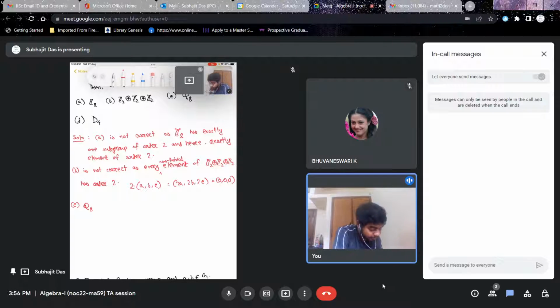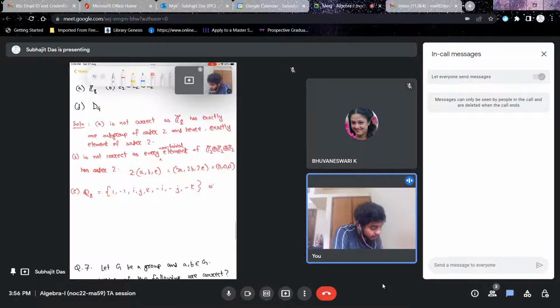Okay, so let me just write down what Q8 is. Q8 is this group: 1, minus 1, i, j, k, minus i, minus j and minus k, right? And it has these relations where 1 and minus 1 when added give you 0, i minus i gives you 0, and so on.